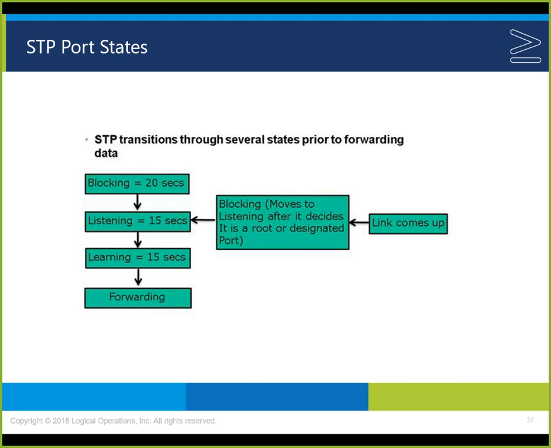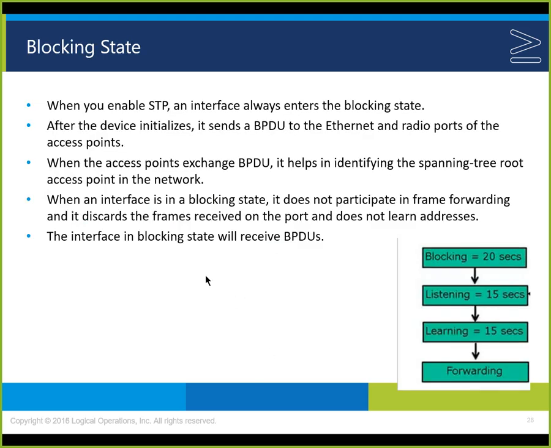Blocking moves to listening after it decides it is a root port or a designated port. So the link comes up after that, and then the learning process, learning the information about what is on the network. Enable STP interface always enters blocking state, and after the device initializes, it sends BPDUs to the Ethernet and or radio ports if it is a wireless access point.